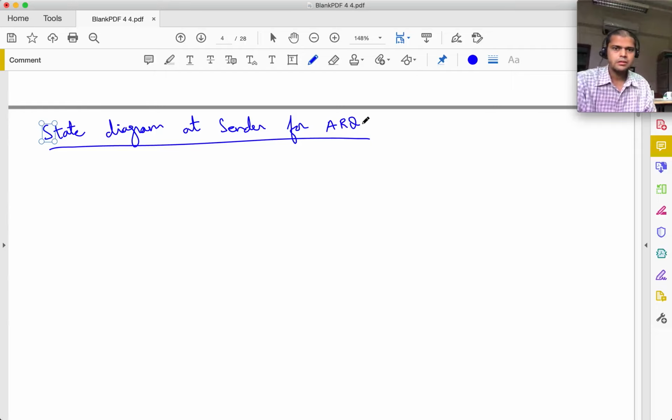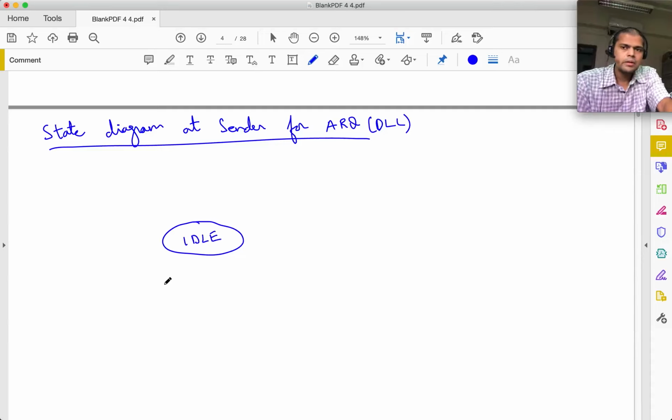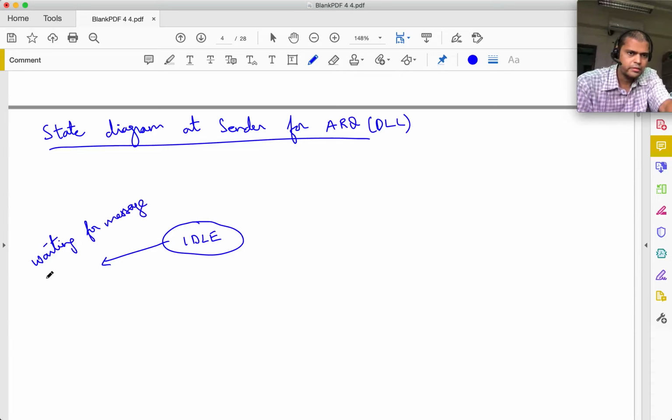Let's say the data link layer is running ARQ. Okay, so let's say that initially it is idle because there is no information which has come from a higher layer. So we are waiting for a message from the higher layer.